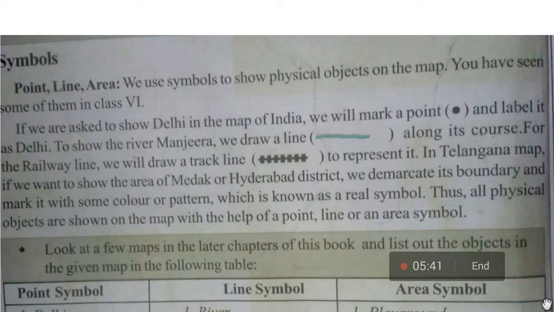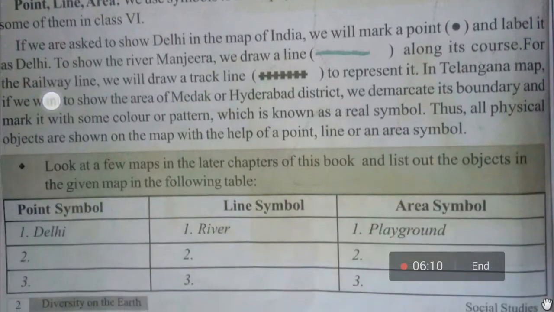So whatever physical objects you want to show on the map, we use these symbols: point, line, and area. Through these symbols, we can identify places on the map accurately and easily.